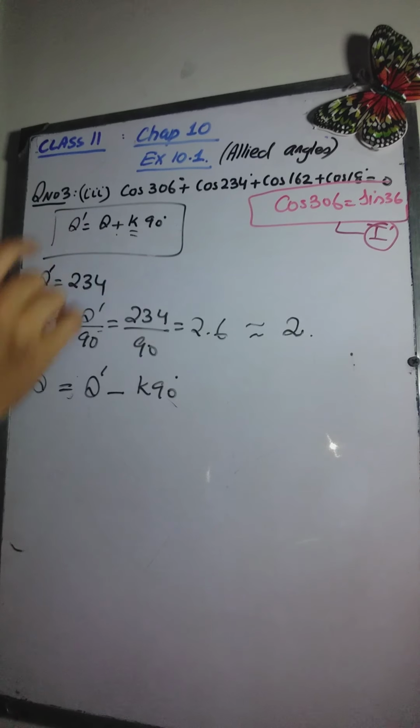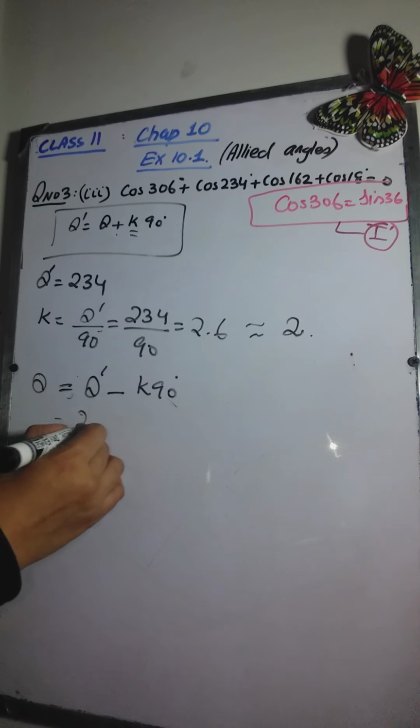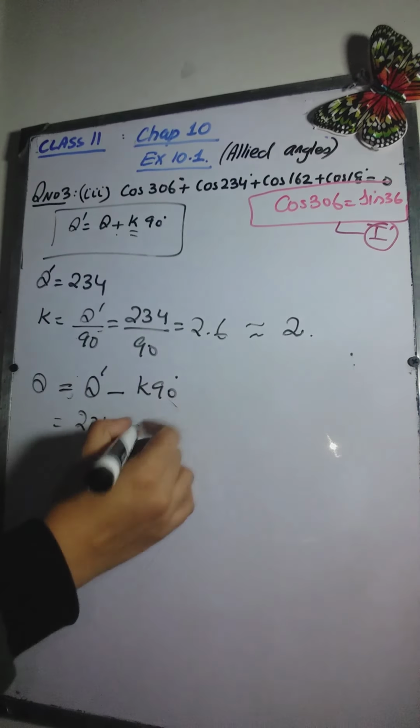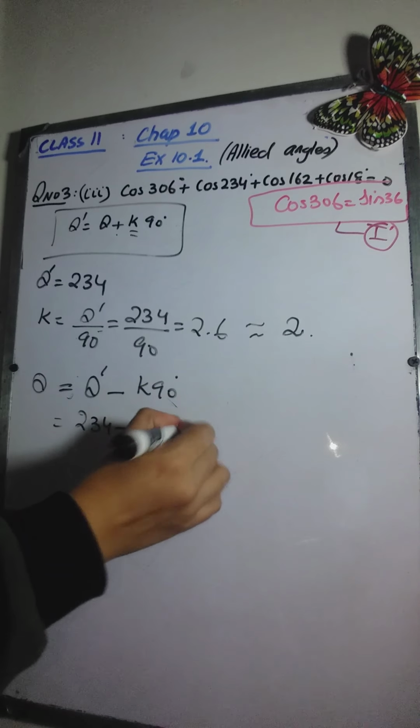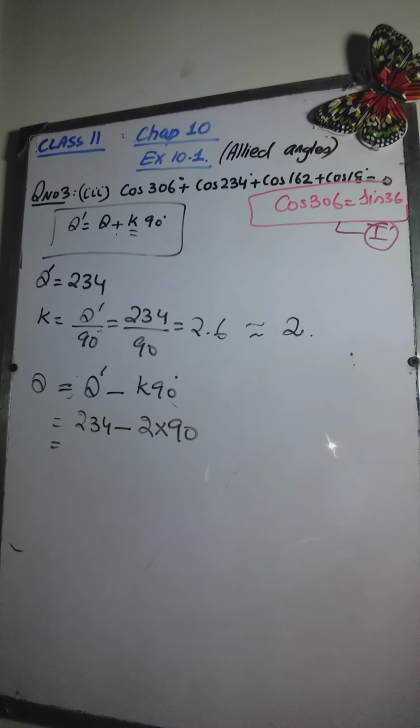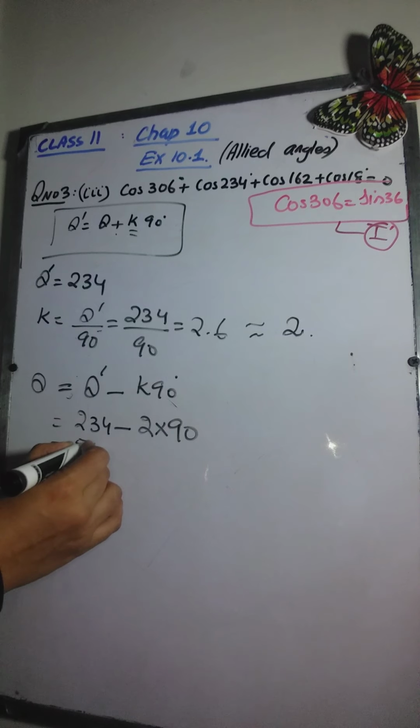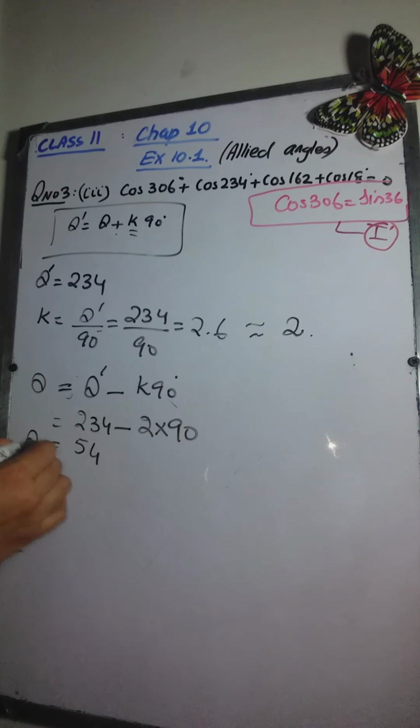As can easily be seen, this will give us the acute angle. So theta dash is 234 minus k, which we are using as 2. Now let us find whether we get a helpful angle or not. 234 minus 2 times 90 will be equal to 54. Theta is equal to 54.